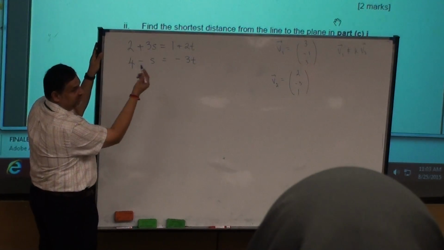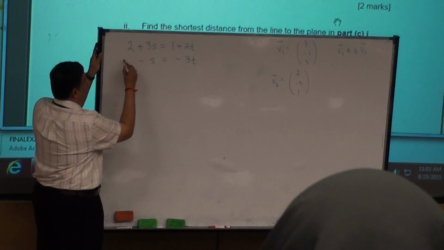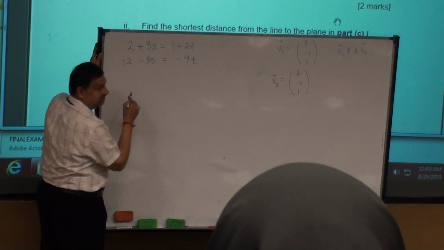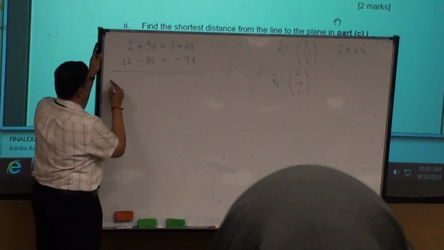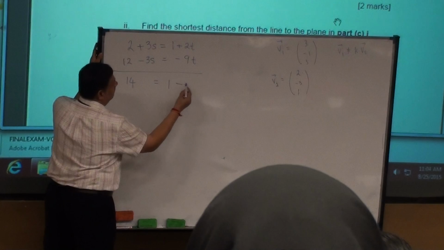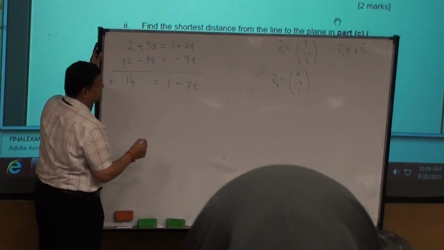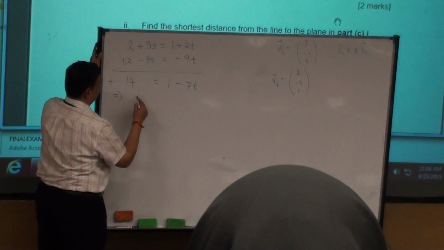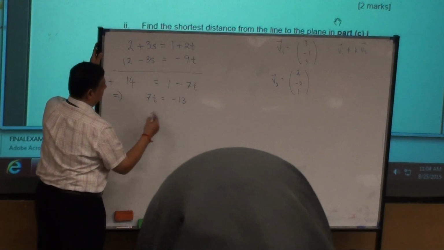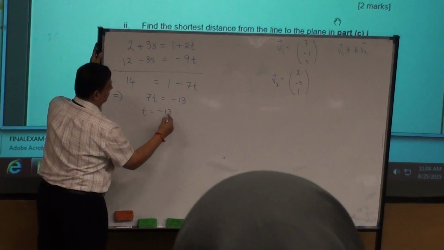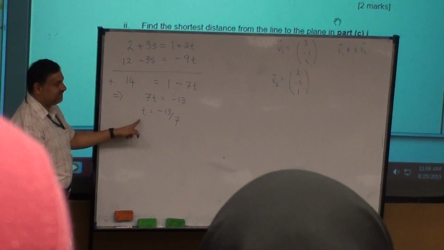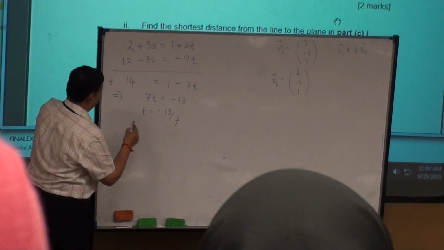Multiply the second equation by 3, so you get 12 minus 3s equals 9t. Then you add this, and you get 14 equals 1 minus 7t. So this implies that 7t is equal to negative 13, so t equals minus 13 over 7. Once you get t, how much is s?